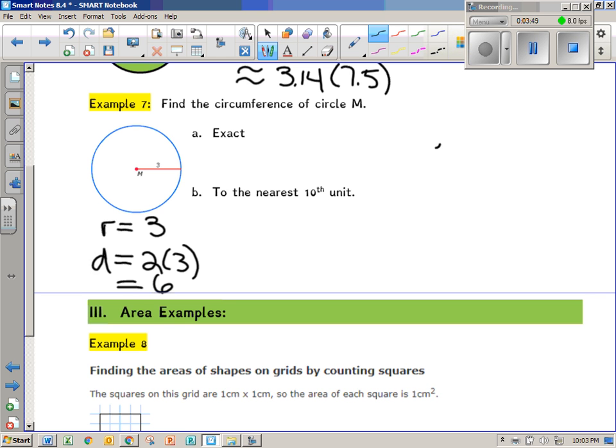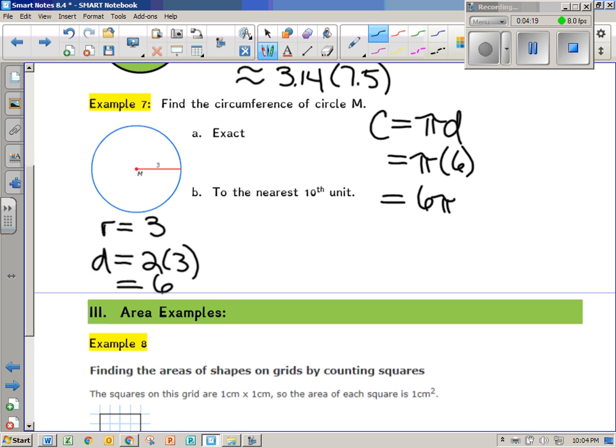So to get the exact value, we're still using our formula, and it's really good practice every time you use a formula to actually write the formula down. That way, whoever's looking at your work, you or me, we know what you were actually thinking. So if I want an exact answer, I want to multiply pi times the diameter, and the best way to write that is 6 pi.